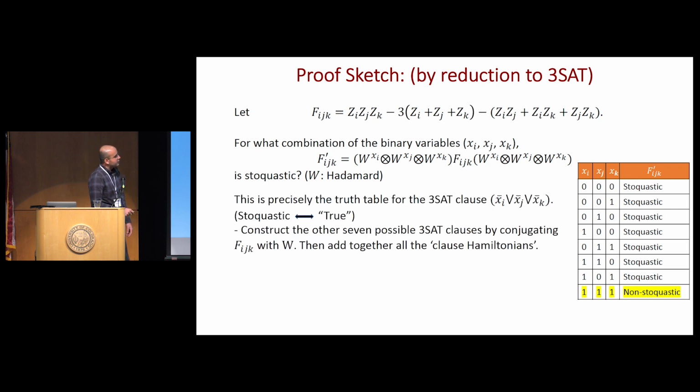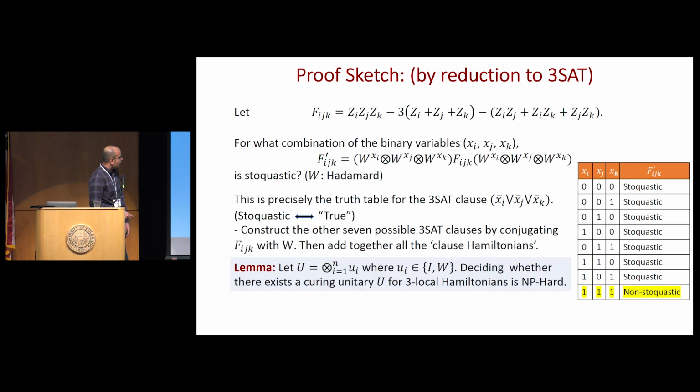And this is exactly the 3-SAT clause table. Then I also construct the other clauses, just conjugating the same Hamiltonian with Hadamards, and then add all these clauses together and map any 3-SAT problem to a 3-local Hamiltonian construction. By that, I can prove this lemma: if the choices of U_i are restricted to between identity and Hadamard, already this decision problem is hard.